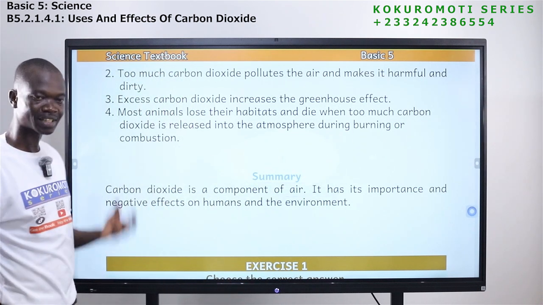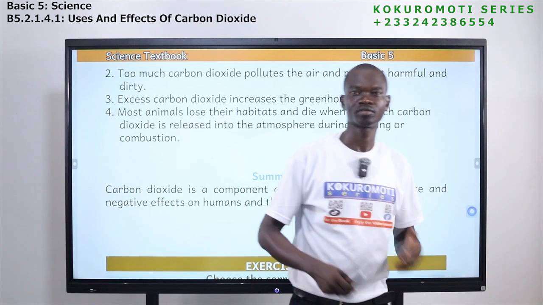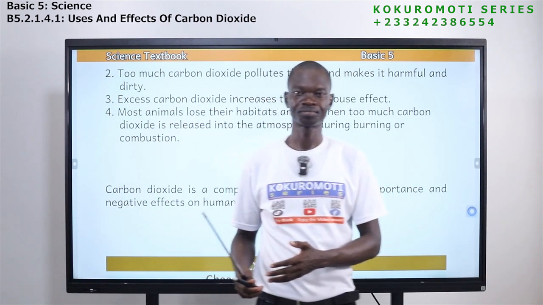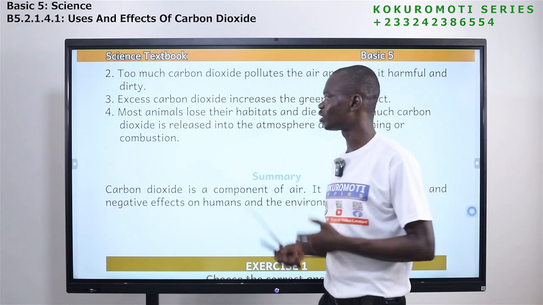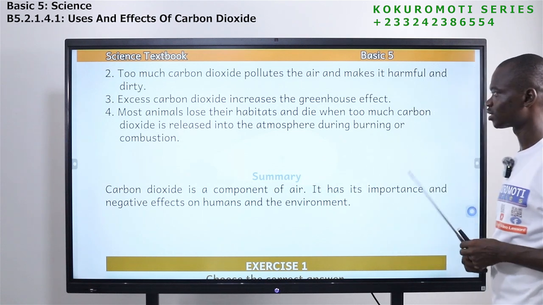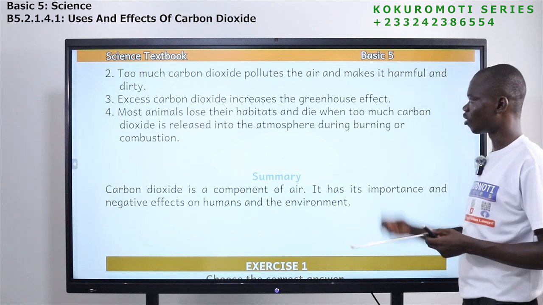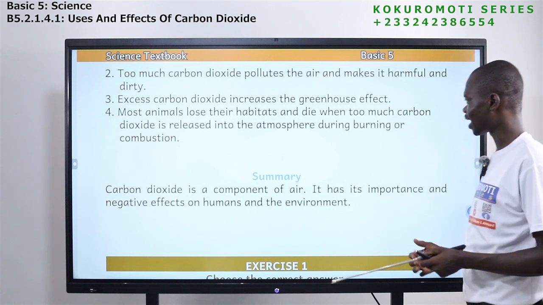So habitats, they are talking about living places of animals, the home of animals. So if we have too much carbon dioxide in the environment, animals or inhabitants will die.